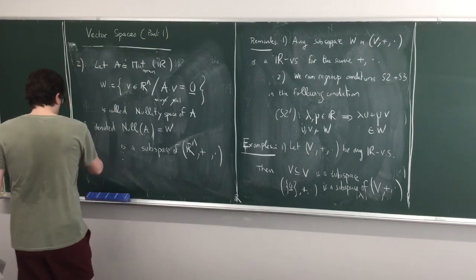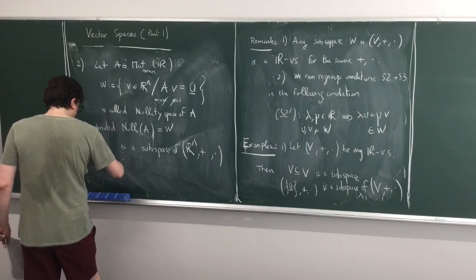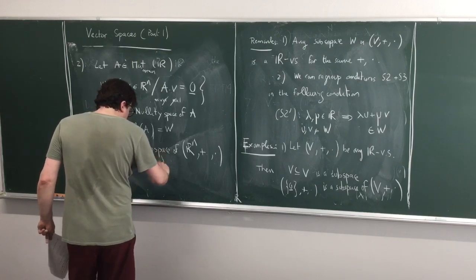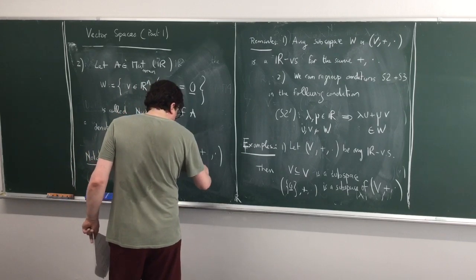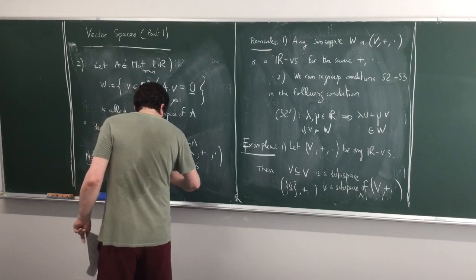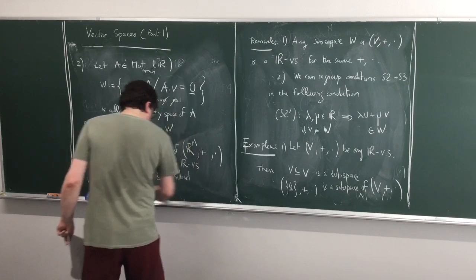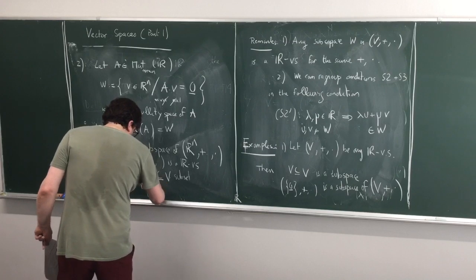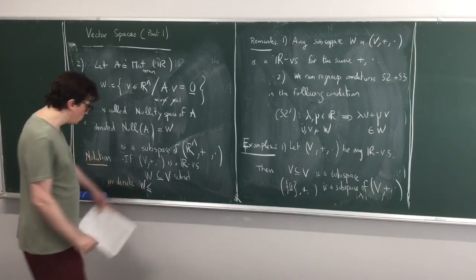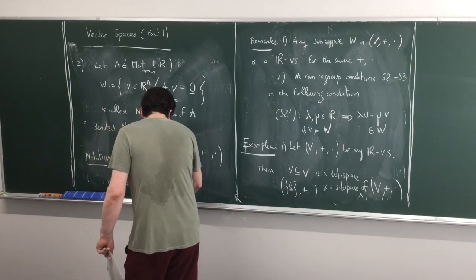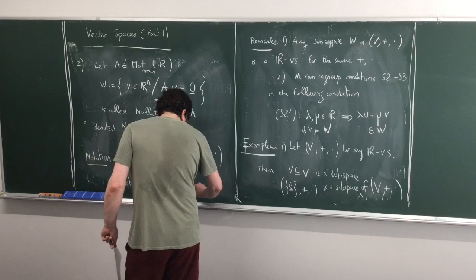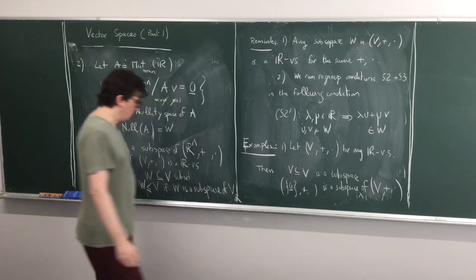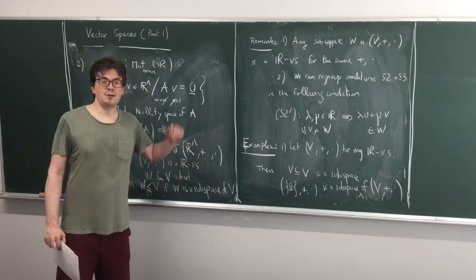Maybe let me introduce a notation. If V is an R vector space and W is a subset of V, we denote W, and we will assign a symbol less-or-equal, W ≤ V, if W is a subspace of V. Okay, don't be confused between the word subset and subspace.